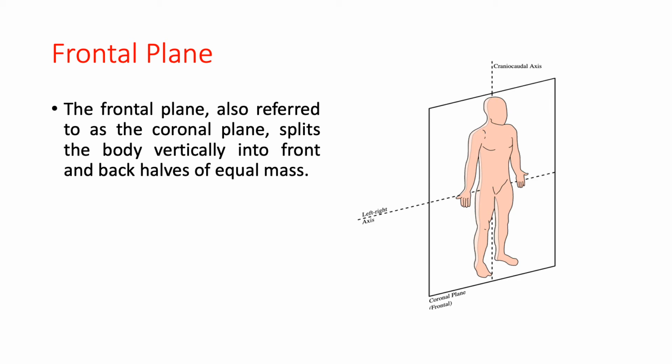So when we cut the body like this, we have the front part and the back part, the anterior part and the posterior part. So this plane is known as the frontal plane. Okay, it is also known as the coronal plane, but don't get confused initially. Just remember the frontal plane. Frontal plane cuts the body into front and back, and in terminology terms, the frontal plane cuts the body into the anterior part and the posterior part.